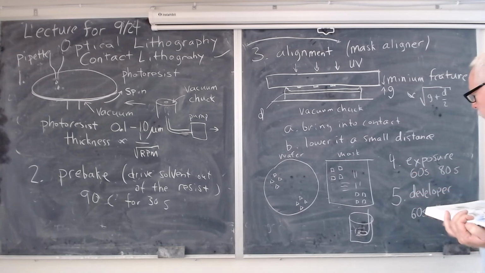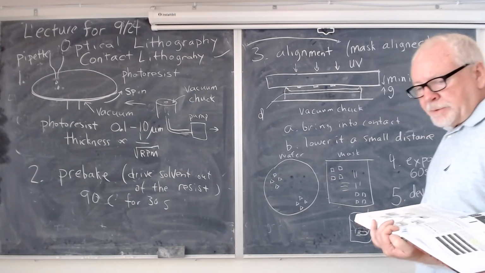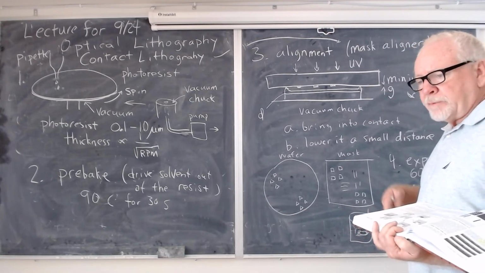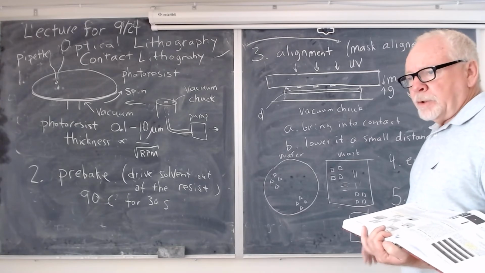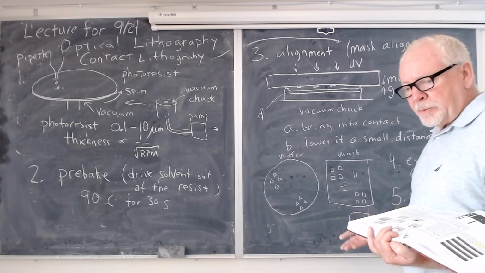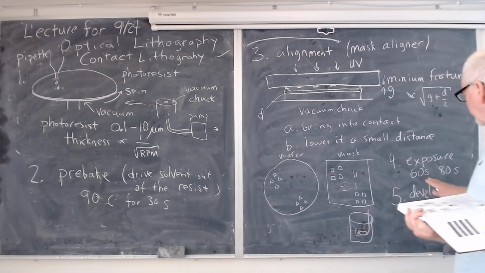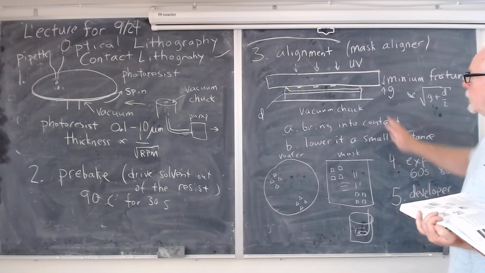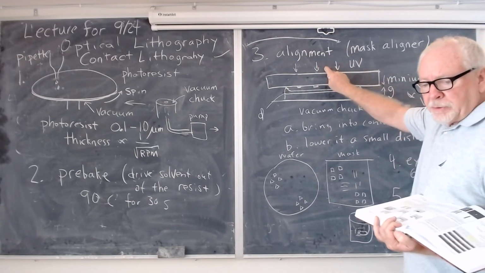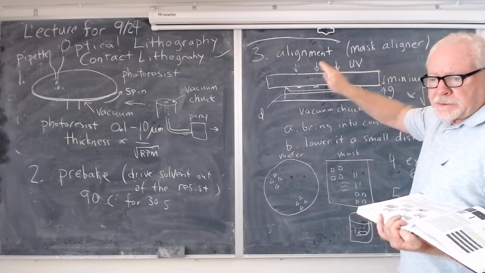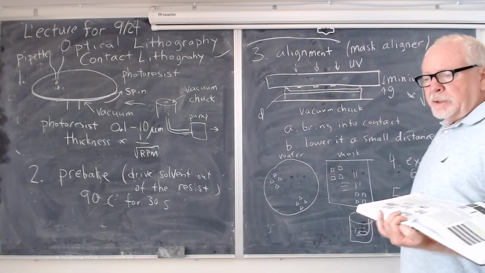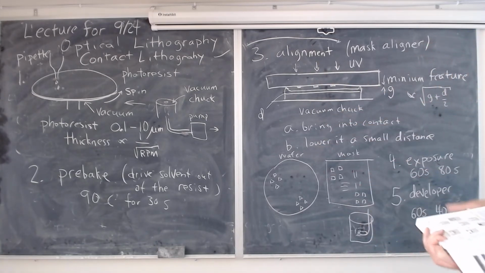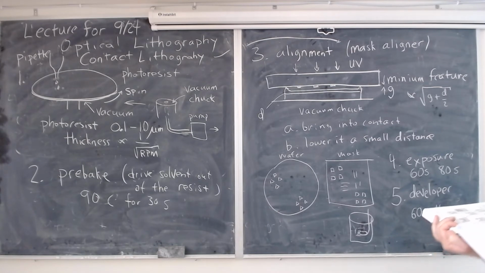Now, what you find basically is that there are designed recipes for any photoresist. Whatever photoresist you're using, it will come with a proper recipe. Now the thing is that is for a particular exposure light strength, and sometimes your particular mask aligner has slightly different intensity of light, and so you need to explore a little bit and find out what works best to get the features that you want.